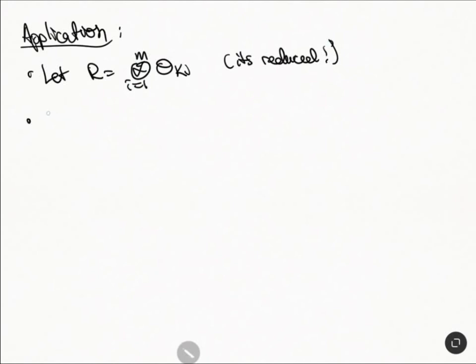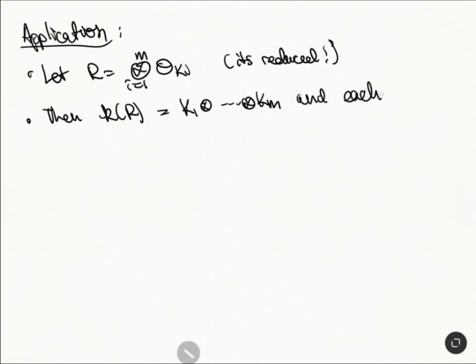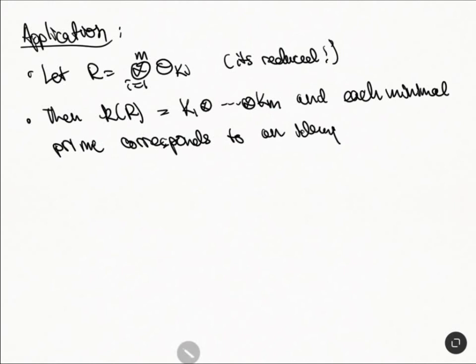Then kappa of R, we showed before, was this tensor product here. Okay, and each minimal prime corresponds to an idempotent e_psi, for psi an embedding.